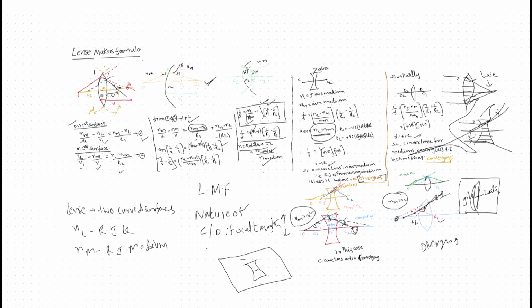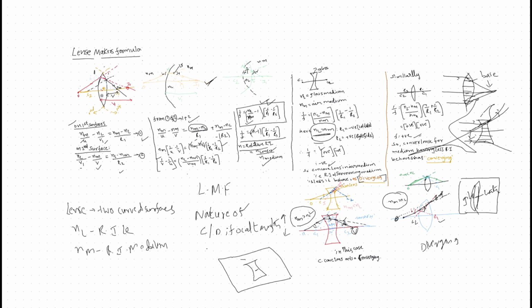And one more conclusion: the ray which is traveling through the optic center. These are thin lenses. Our explanation, everything, belongs to thin lenses only, meaning we are not considering the thickness of the lens. So here the optic center acts like a tiny glass slab. Refraction will take place, but there is no deviation.